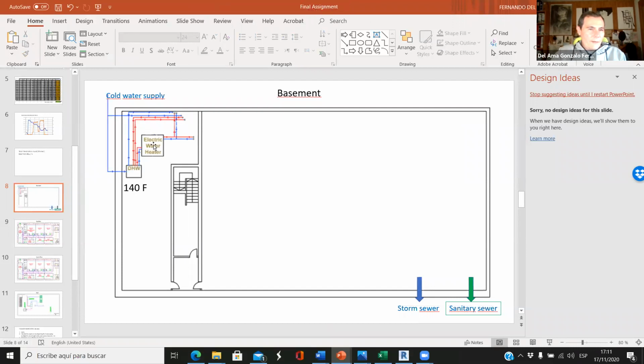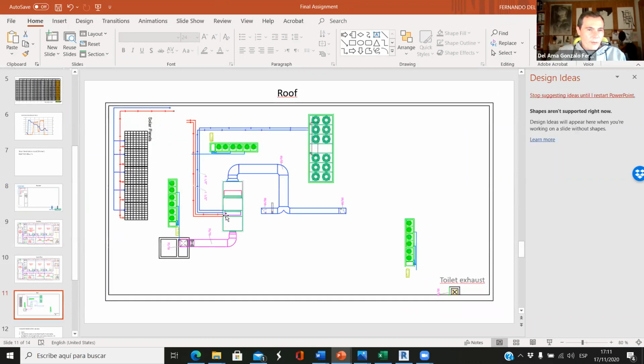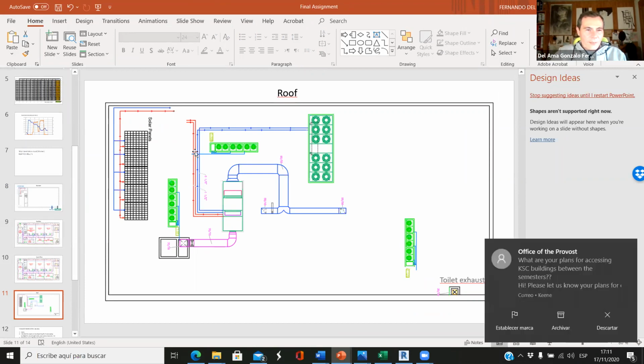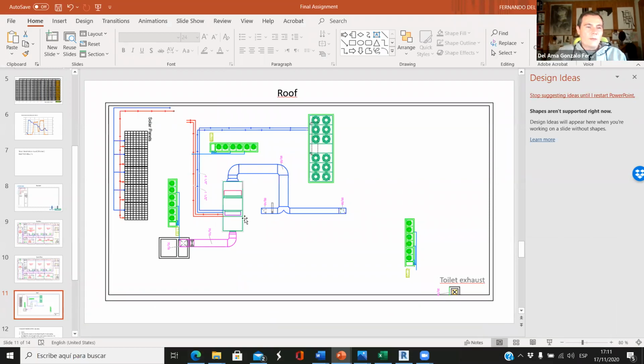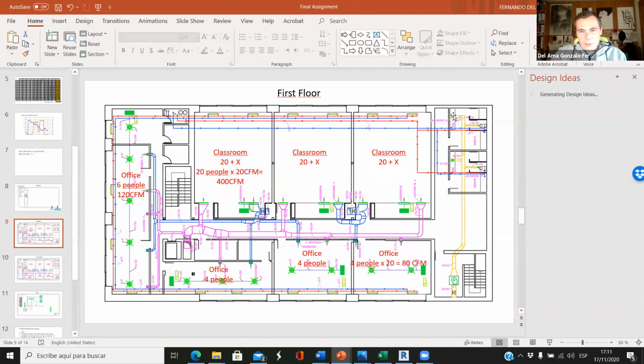But the water heater that is connected to the air handling unit, to this coil, doesn't have to be at 140 because this water is not in contact with human beings. So we don't need to heat up this water up to 140. We have to heat up domestic hot water, the water that comes from the sinks.